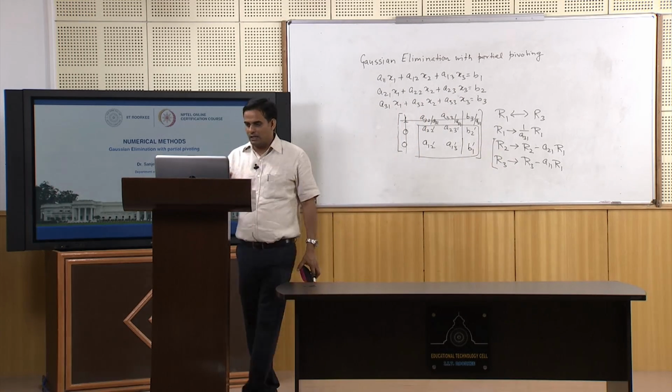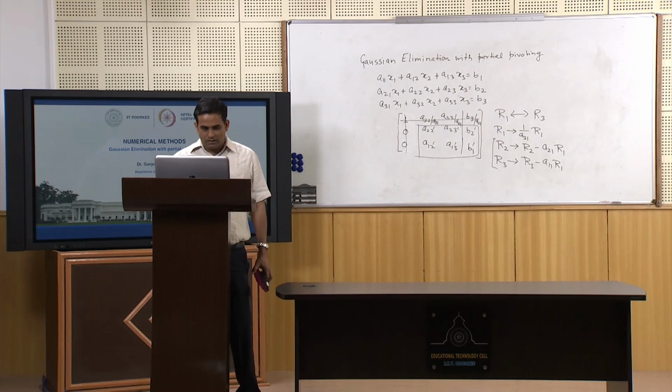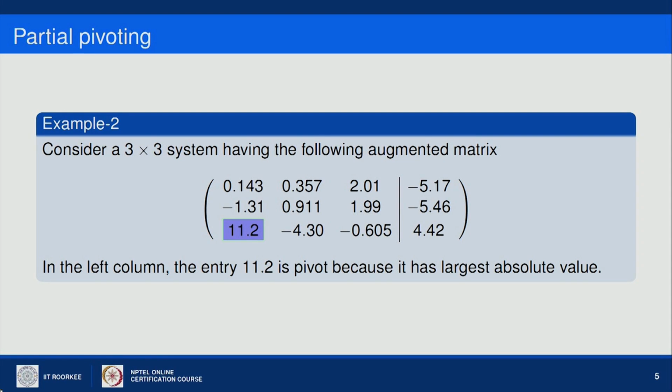So, let us take an example of this method. I will consider the same example which I took in my previous lecture, for which I got a wrong answer using Gaussian elimination. So, here is the same augmented matrix, 3 equations with 3 unknowns.